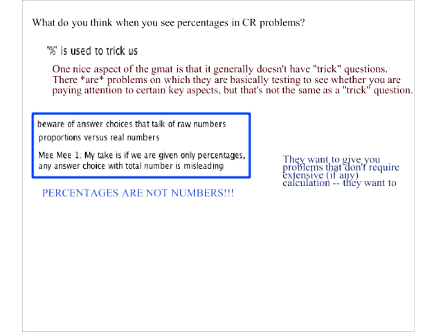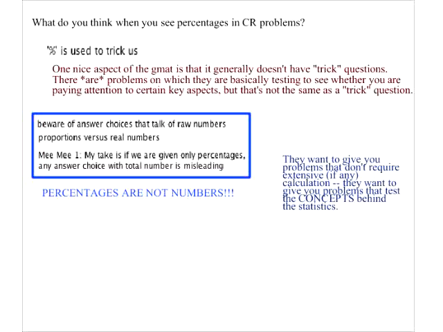So they want to give you problems that test the concepts behind the math. This is one example of such a concept.